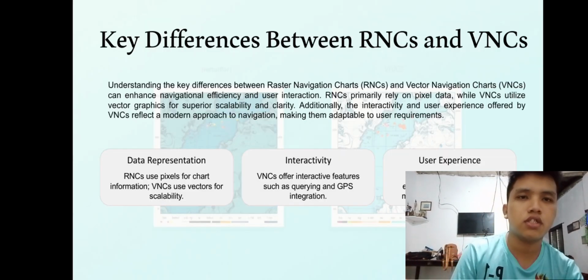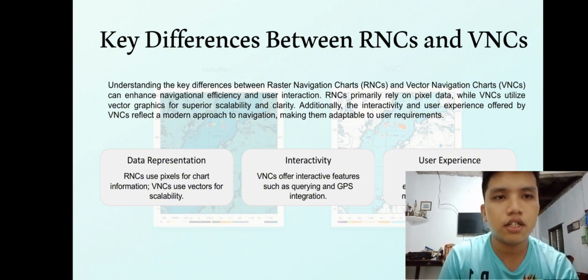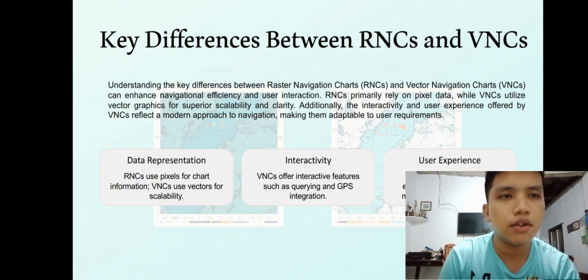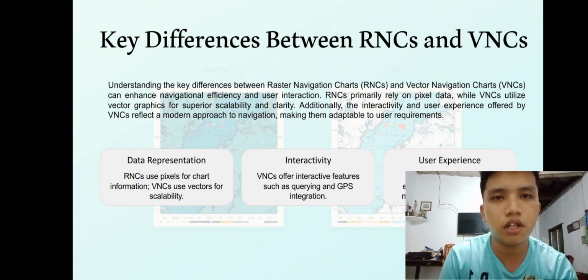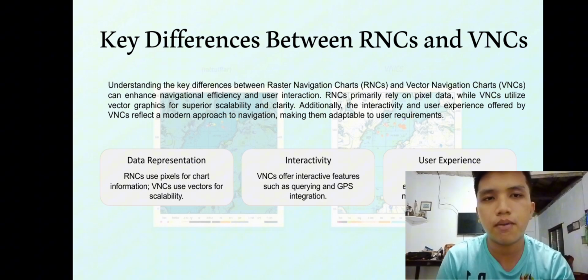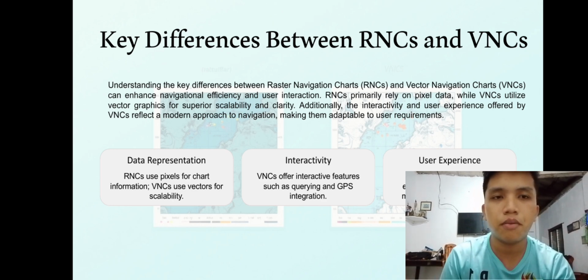So there are differences to understand between the navigational charts. Primarily, the raster chart relies on pixel data, while the vector navigational chart utilizes vector graphics for superior scalability and clarity. Additionally, the interactivity and user experience offered by the vector navigational chart reflect a modern approach to navigation, making them adaptable to user requirements.